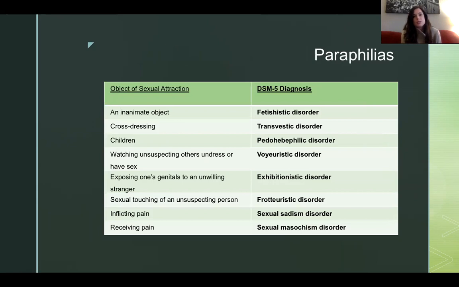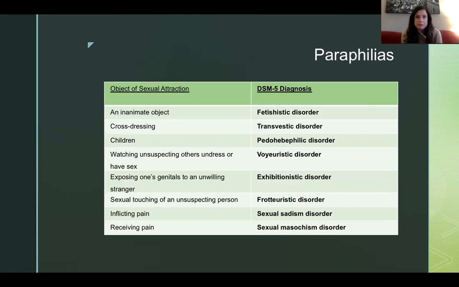This transvestic disorder is cross-dressing for sexual arousal and pleasure specifically. And again, it's usually completely harmless, and it's not something that's considered a problem unless it involves someone else or hurts someone else or hurts the person engaging in the behavior.